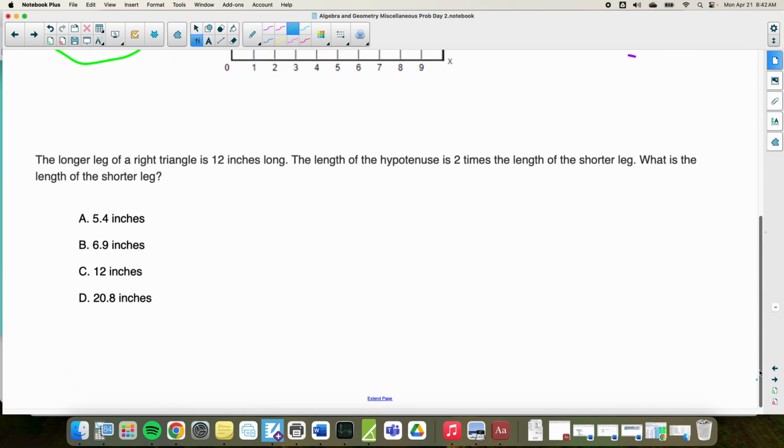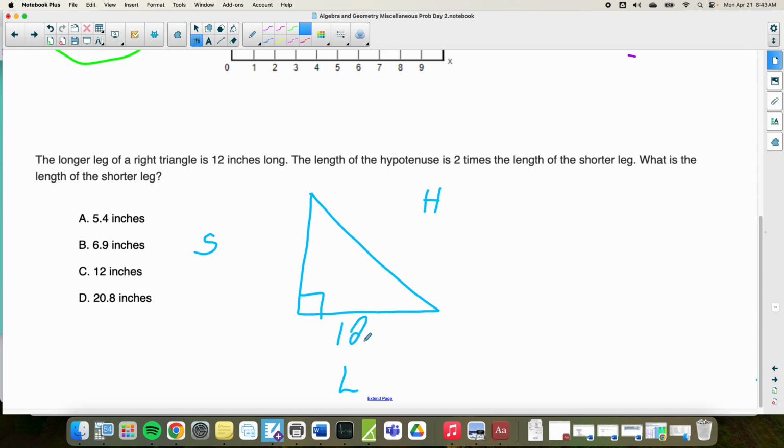Then, if we look here, it says the longer leg of a right triangle is 12 inches long. Now, a right triangle, okay, has a shorter leg and a longer leg if they're not equal, okay? So let's say this is our shorter, this is our longer, this is our hypotenuse, and it says the longer leg is 12.